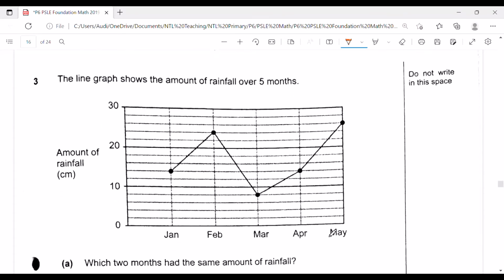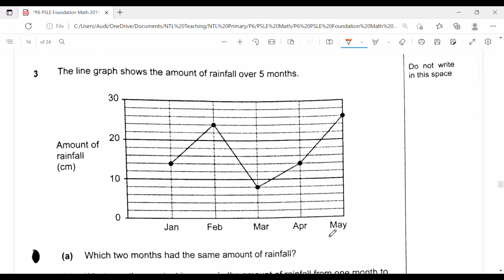Right, we're going to move on to question number 3. This is a line graph that shows the amount of rainfall over 5 months. Now when you see line graphs or bar graphs, what you want to do is first find out how much each line represents. So here you count 1, 2, 3, 4, 5.